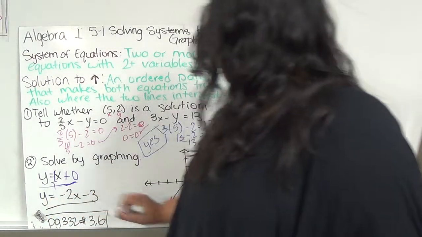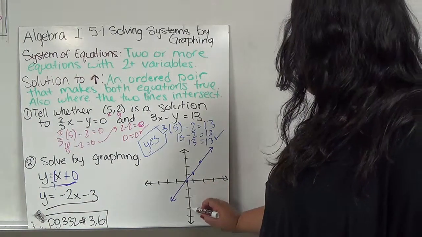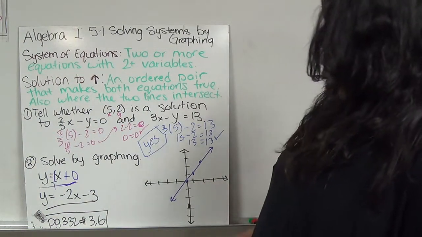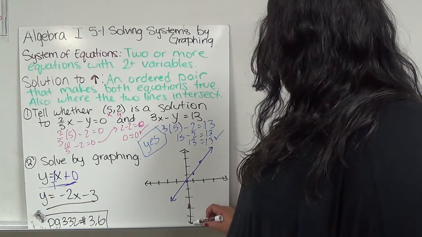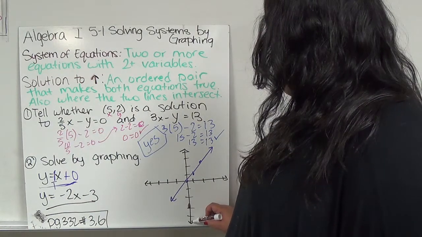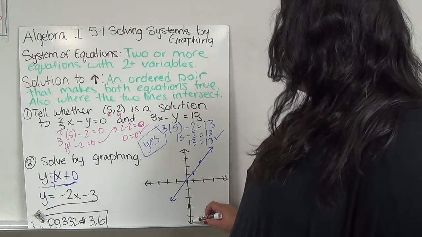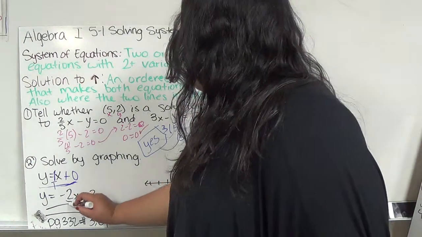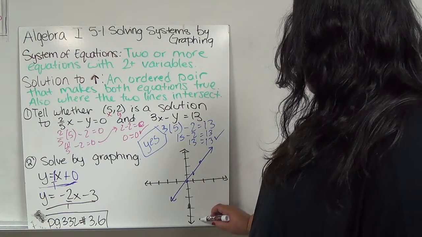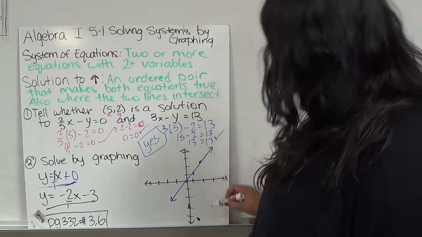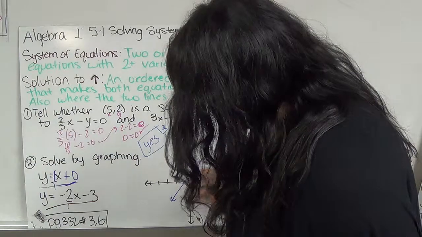My second line starts at -3, so 1, 2, 3, okay? And it means I'm going down 2, over 1. So down 2, over 1. So right.